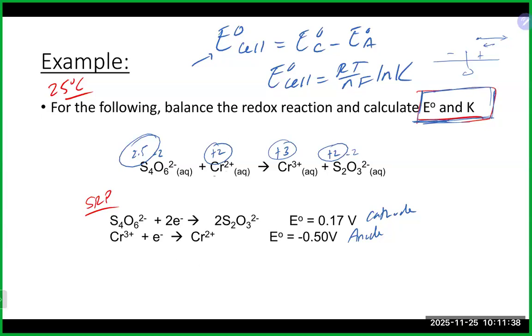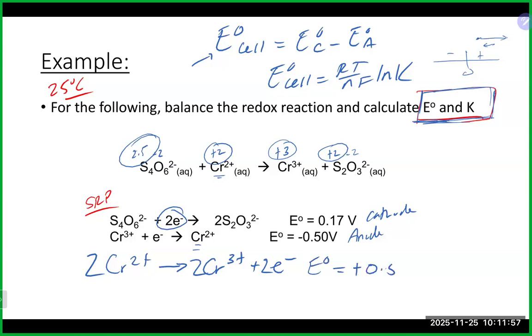We can also see that's on the left-hand side and that's on the right-hand side, which would have told us we had to reverse this one to get it on the correct side. Also, times it by 2 to balance out the electrons. And our E there, if we flipped it around, would technically be that right there.